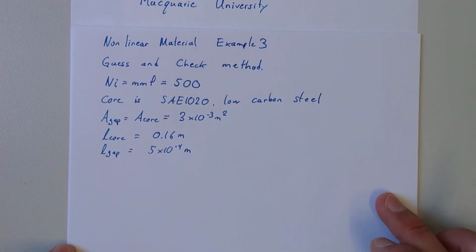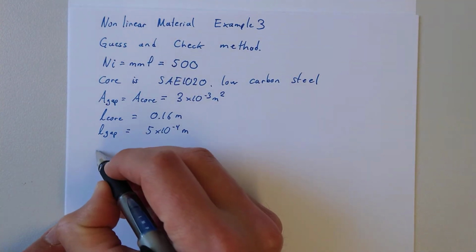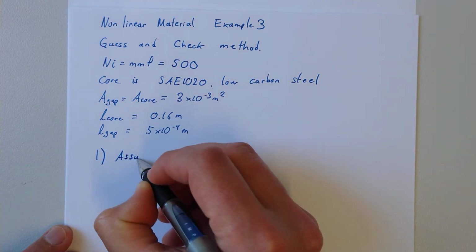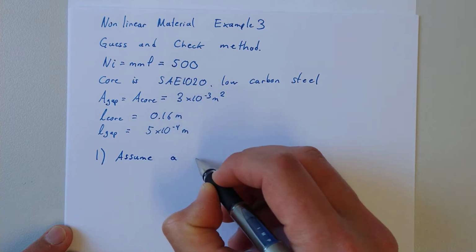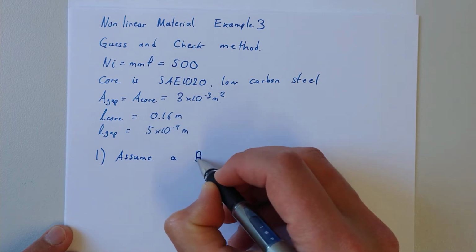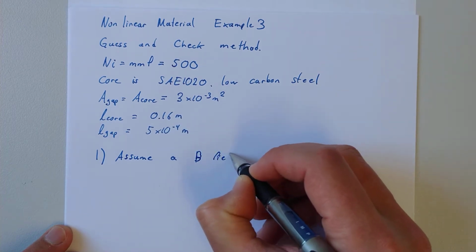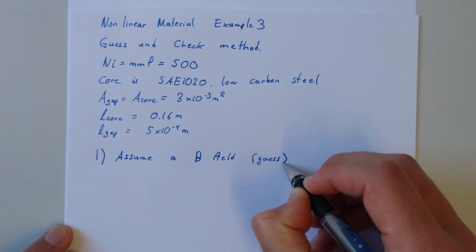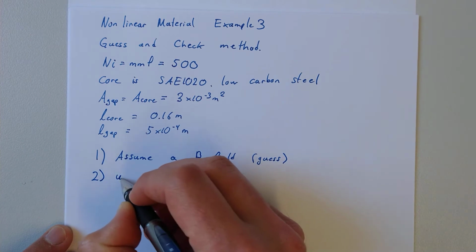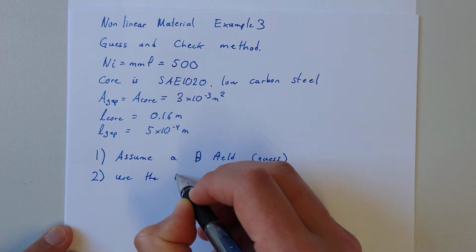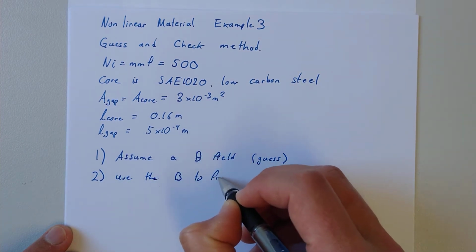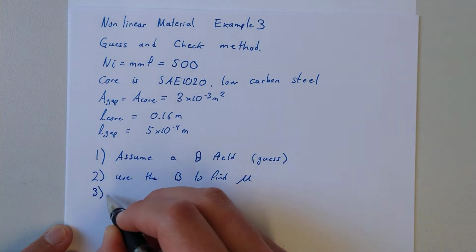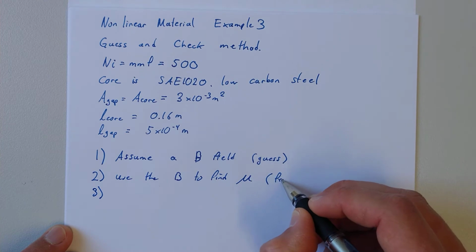The process for the guess and check method moves something like this. We have to assume a B field. We have to take a guess at that. And we use this B to find mu, and this is from the BH curve.